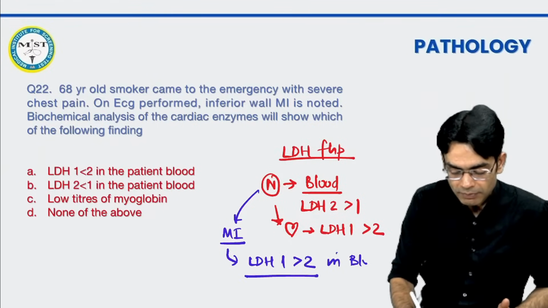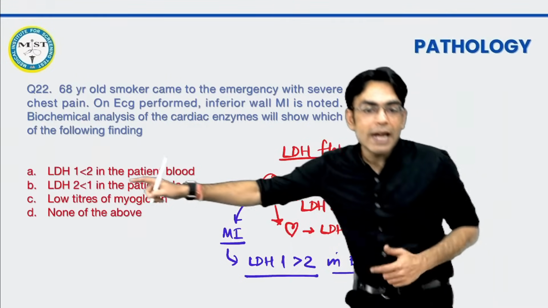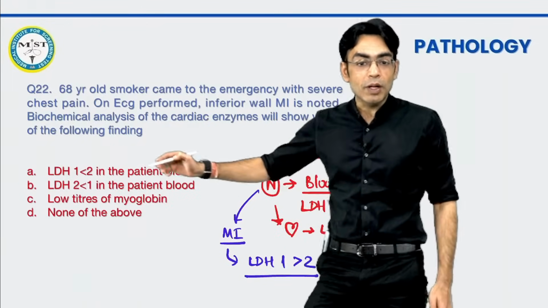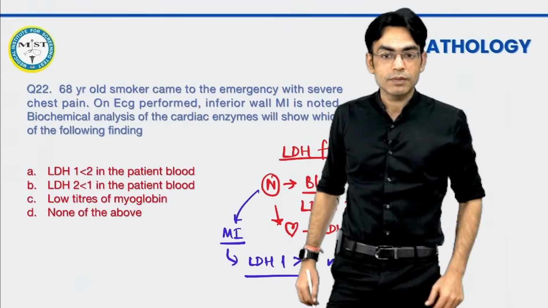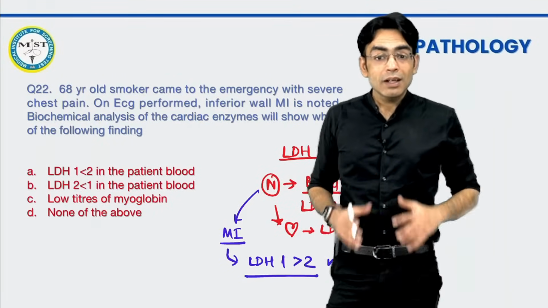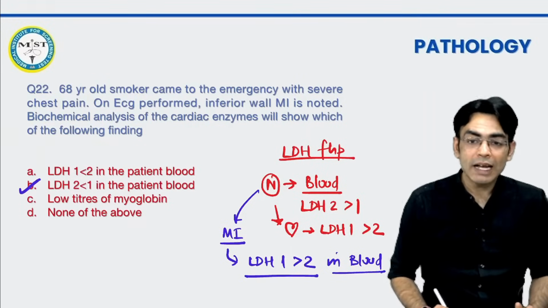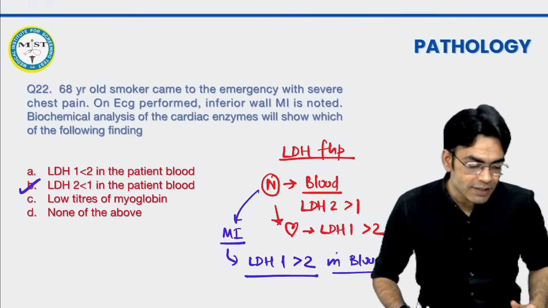In the blood. तो आंसर क्या है छोटू? LDH1 more than 2 in the patient's blood. But because the arrows I have flipped, you got confused. कंफ्यूजन नहीं, सोचना है. LDH1 becomes more. इसको तो LDH flip बोलते हैं बेटा. ठीक है, the answer is A.